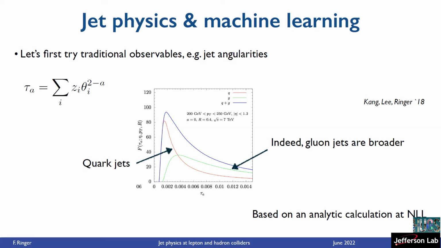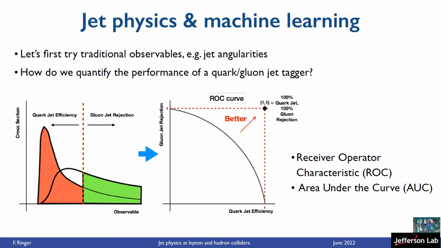The way to quantify how well this works is in terms of what are called receiver operator characteristic curves, where I look at how good my tagger is as I move this threshold left and right.